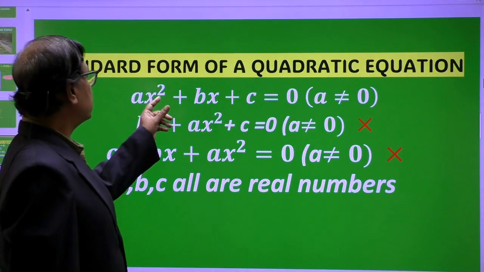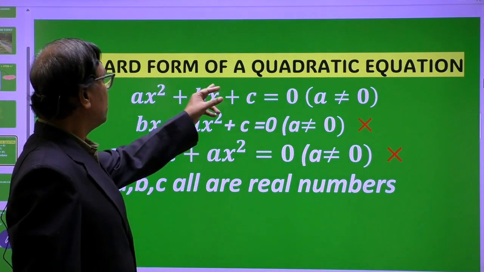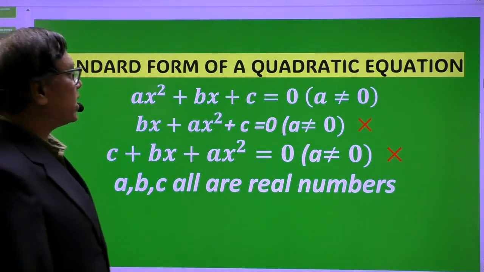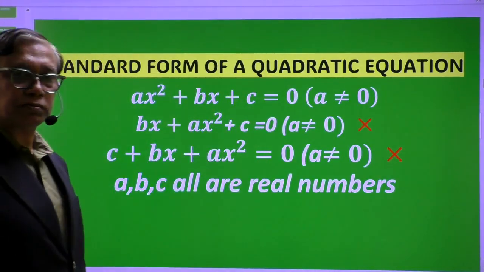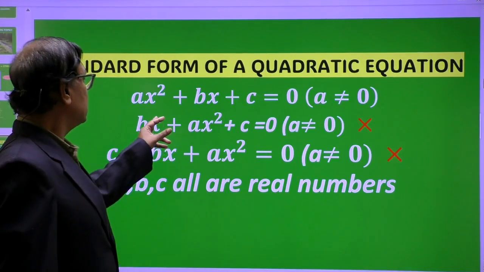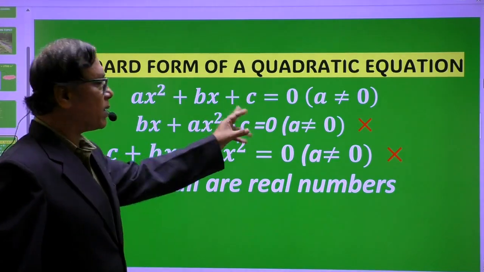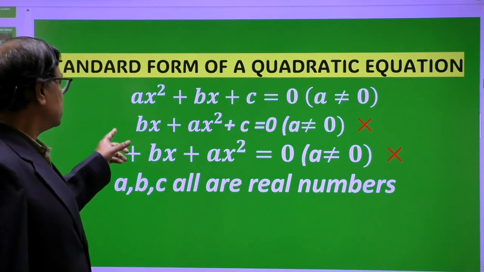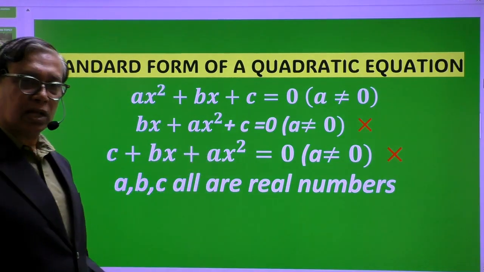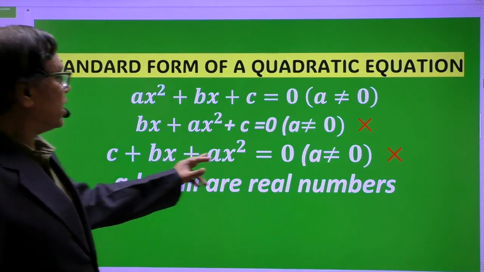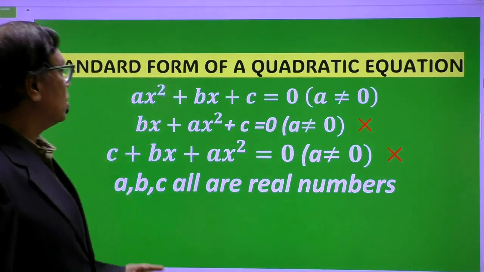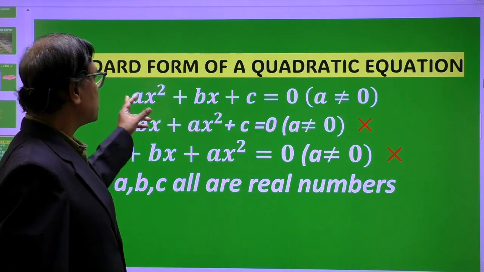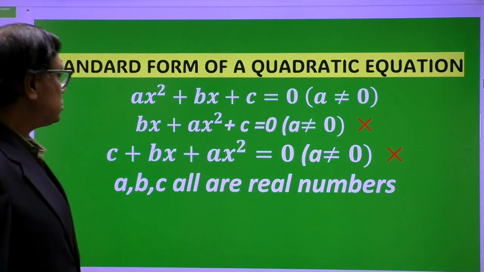According to that, here the powers are 2, 1, 0, so it is in descending order. That's why it is in standard form. But in the second one, the powers are 1, 2, 0, not in descending order. That's why crossed. In the third one, 0, 1, 2, it is also not in descending order. That's why I crossed this one. So for standard form, the quadratic equation should be in this form.